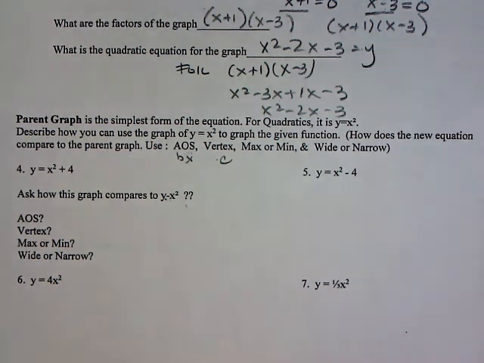So for my vertex, if I have a c added or subtracted on, it means my vertex either shifted up or shifted down from where it originally was, because y equals x squared means that it's x squared plus 0. So it either shifted up or shifted down depending on whether I'm adding or subtracting a number.